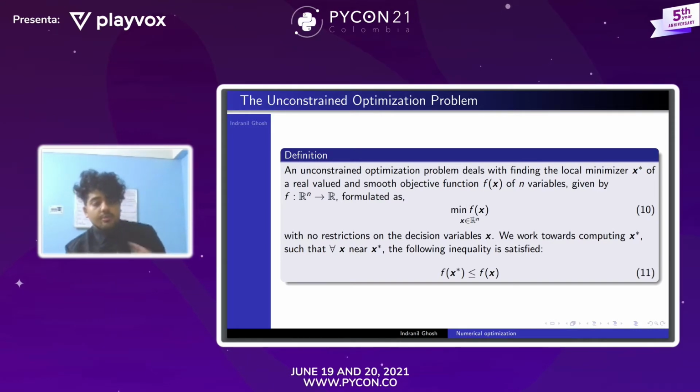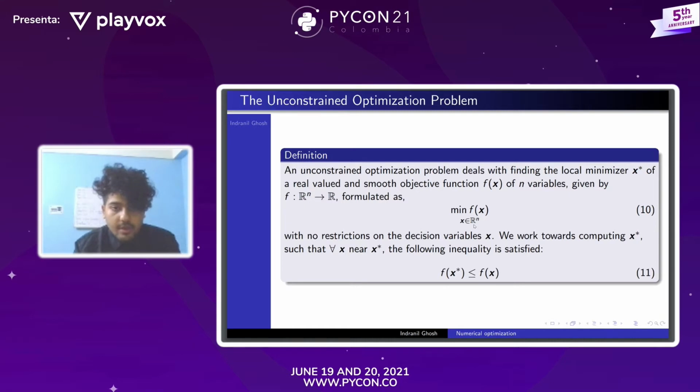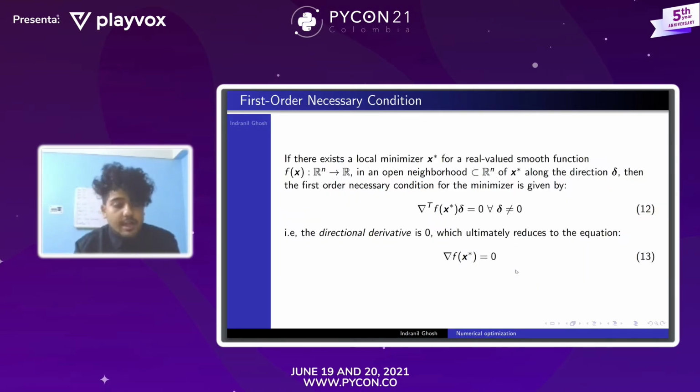Note that here we don't impose any restrictions, no constraints imposed. This is the condition that should be followed: f of x star should be less than or equal to f of x, in a particular neighborhood, because we are finding the local minimizer.